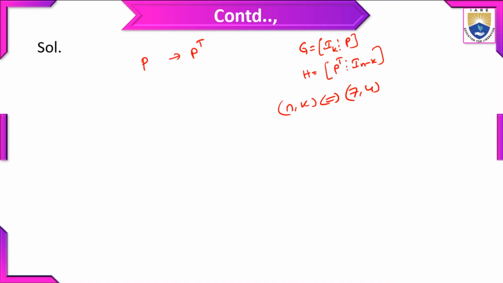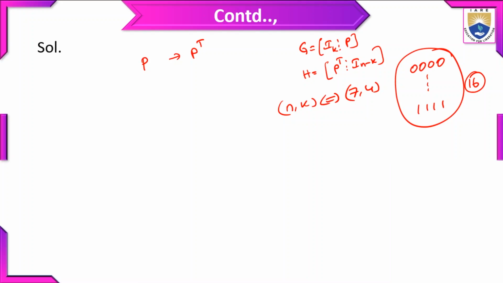What is K? The message block. So it starts from 4 bits, like already shown in the previous, from 4 zeros to 4 ones. Totally 16 message bits are there. So these are 16 message bits. We are going to generate 16 code words.